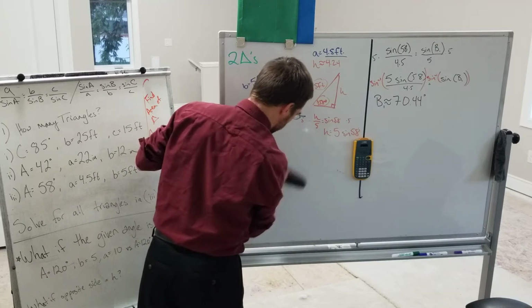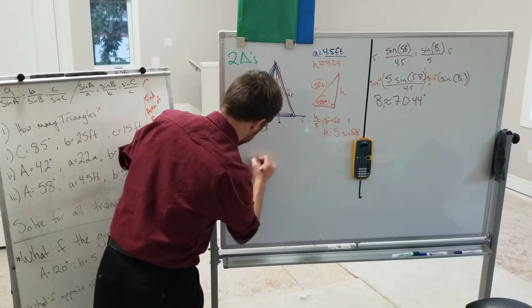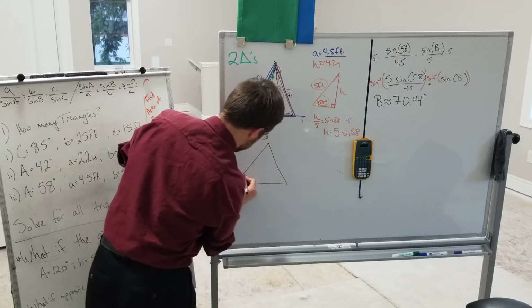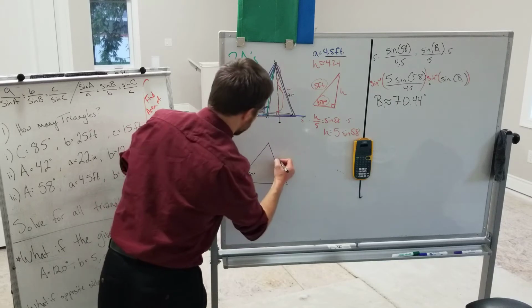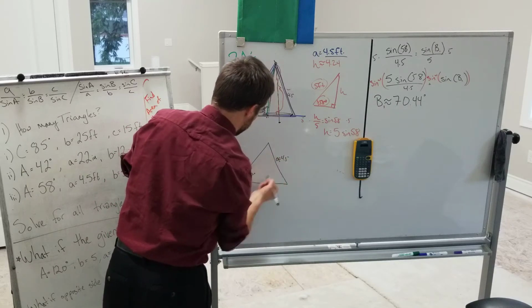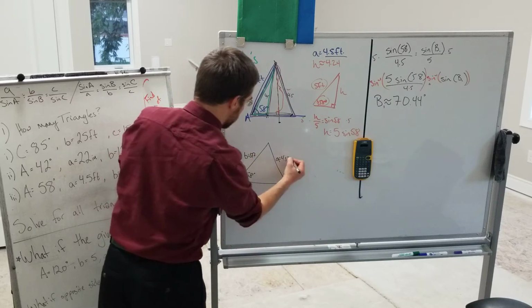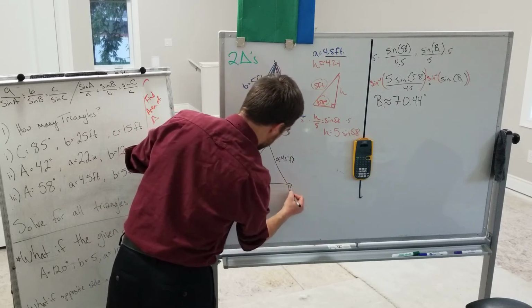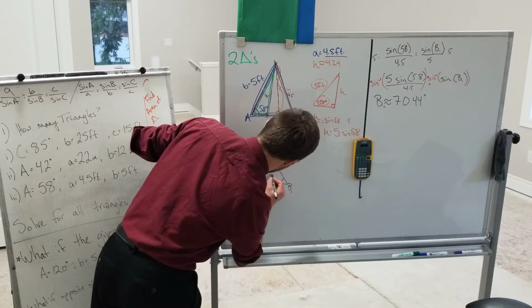And I'm going to come back to these and I'm going to redraw them so they're a little bit nicer to look at here, because those were not very good pictures. So we have our first triangle. We have 58 degrees. We have A equals 4.5. Angle A is 58. B equals 5 feet. Now we have B sub 1 equals about 70.44 degrees.